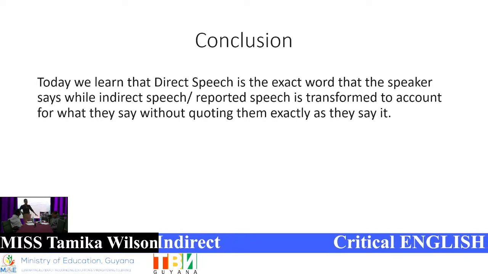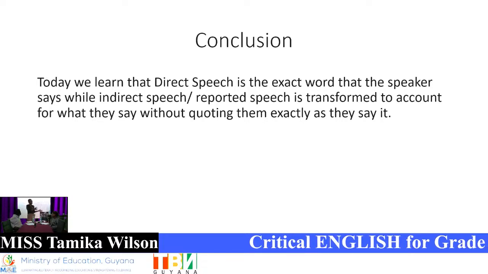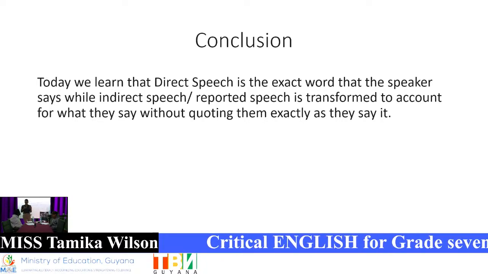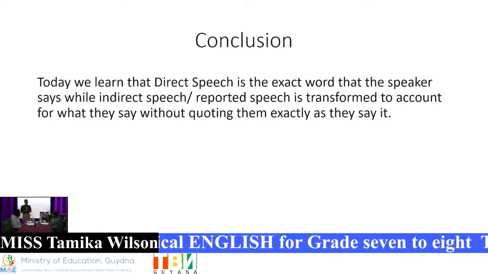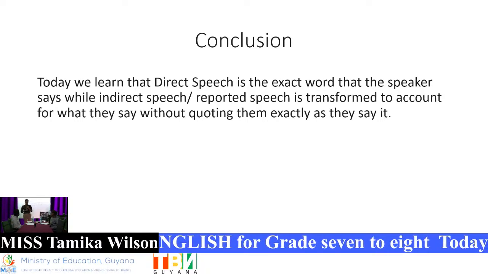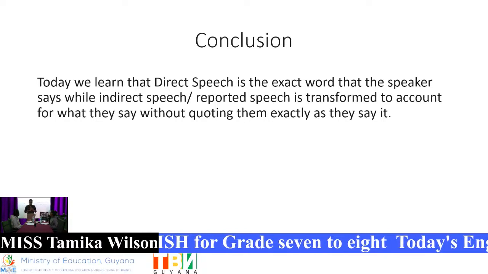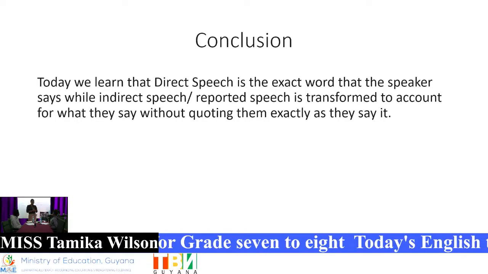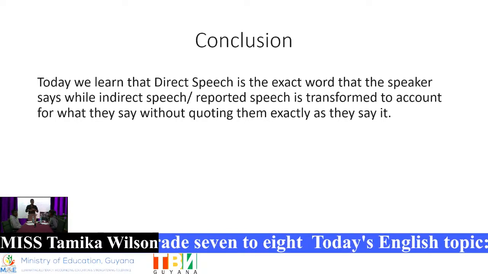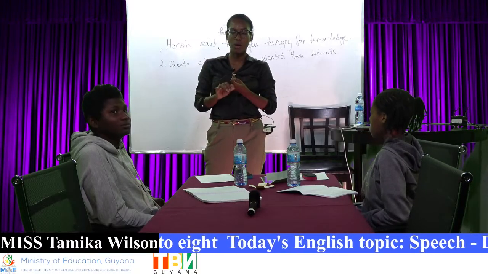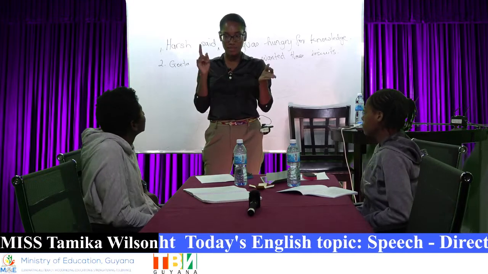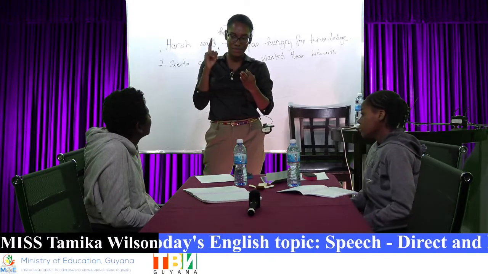And we see a transformation from direct to indirect by removing, of course, what? The punctuation marks, because it's not just uplifted commas, the punctuation marks. We change the verb tense, and then we add the conjunction that.